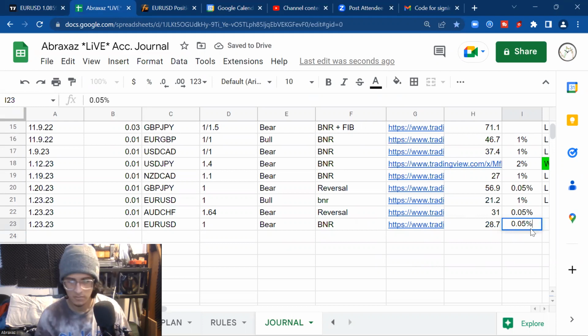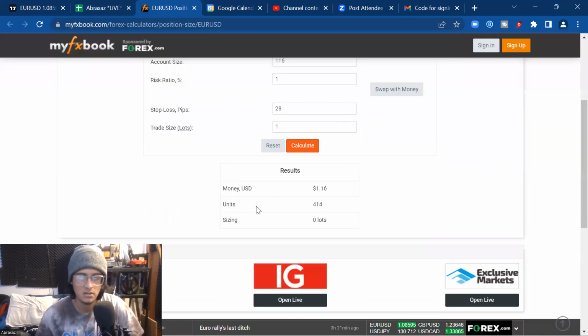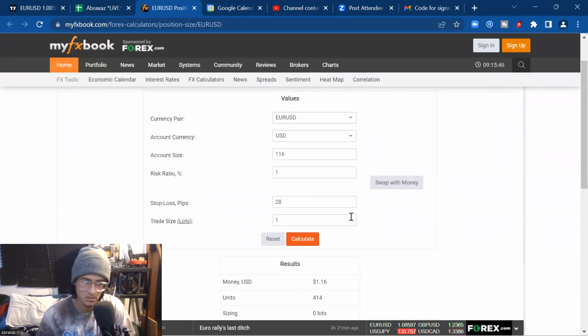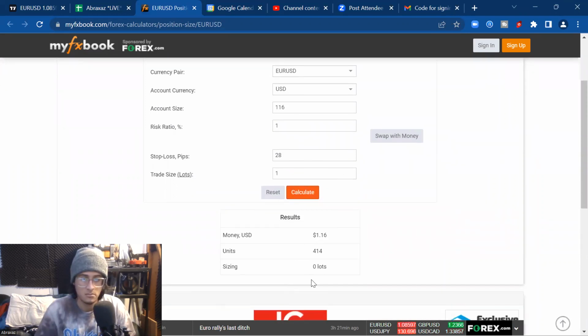So the position size calculator, that's what I was talking about. Sizing 0 lots. It means I'm risking, fuck, I'm risking less, bro. I'm risking 1%, and it says 0 lots. Really, it's like 0.005, 0.005 lot.